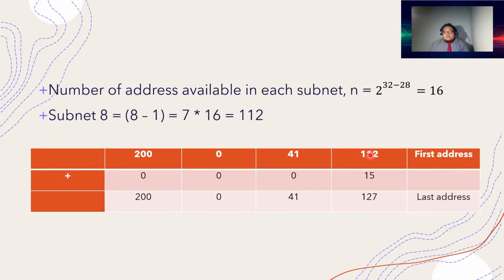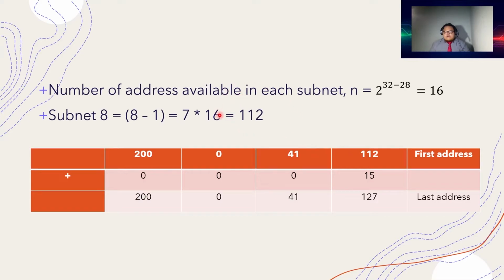Okay, next, the number of addresses available in each subnet, n, is equal to 2 to the power of 32 minus 28, which is equal to 16. And then we continue the subnetting from subnets 5, 6, 7, and now we are using subnet 8. Subnet 8 minus 1, so we get 7 times 16, which is 112.